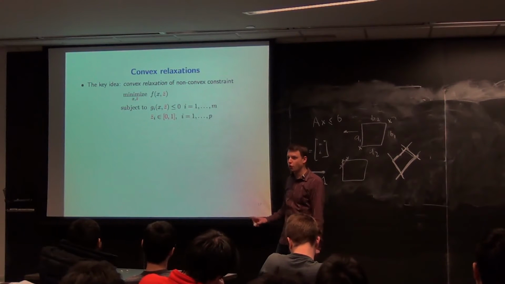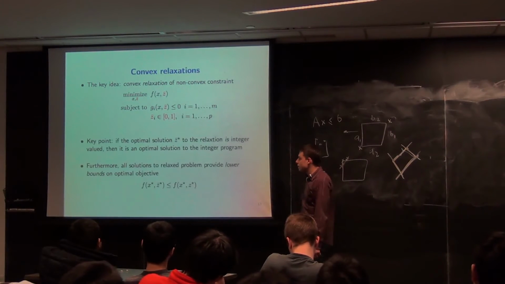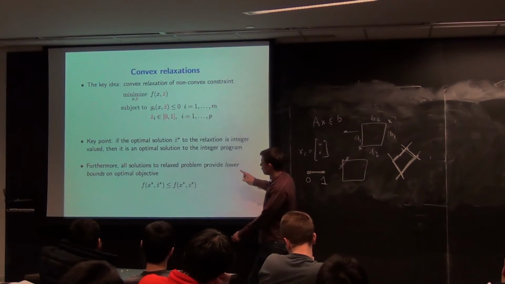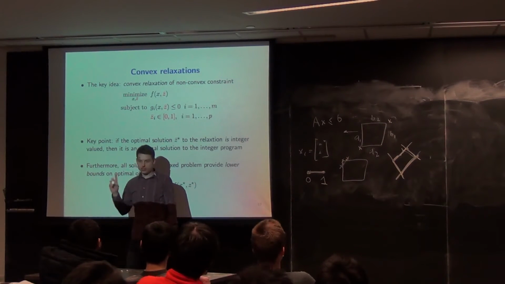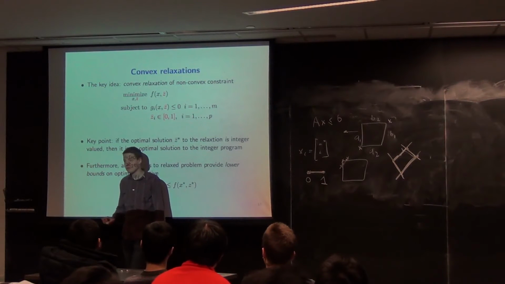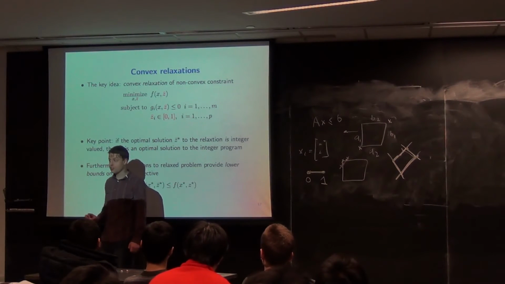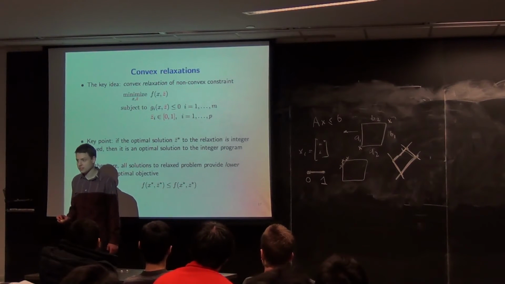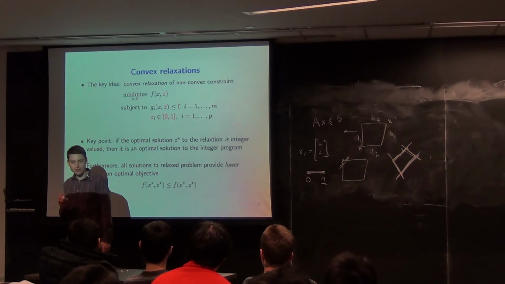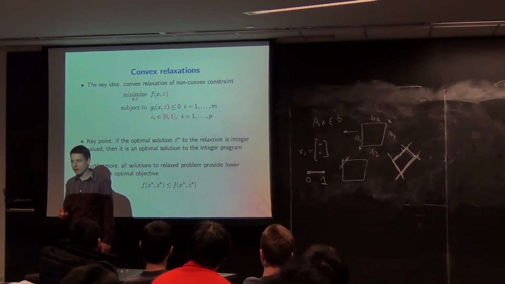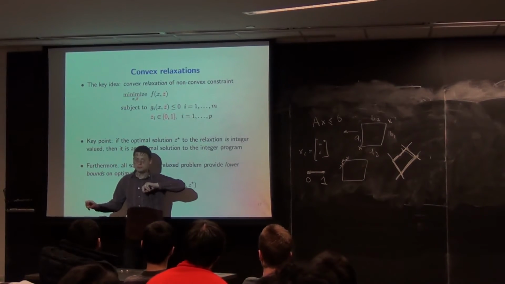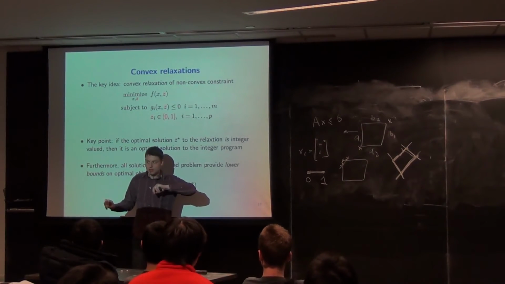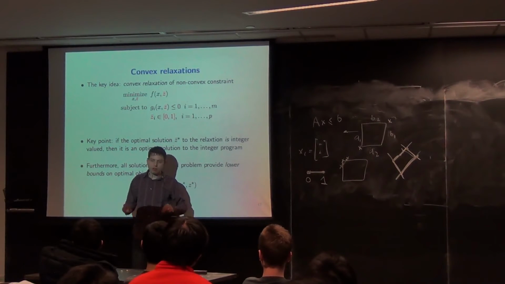But a few things are important about doing this. The first thing is that if we take this relaxed problem and we solve it, and we get an integer solution, so every value of z at the optimal point for this problem is integer valued, either 0 or 1, then we know we've solved the original problem.